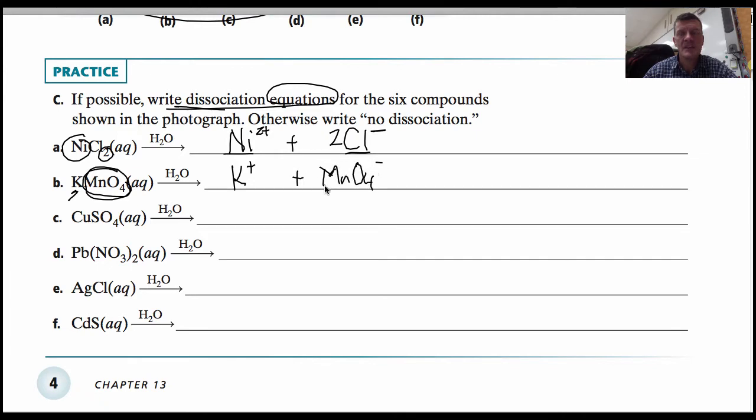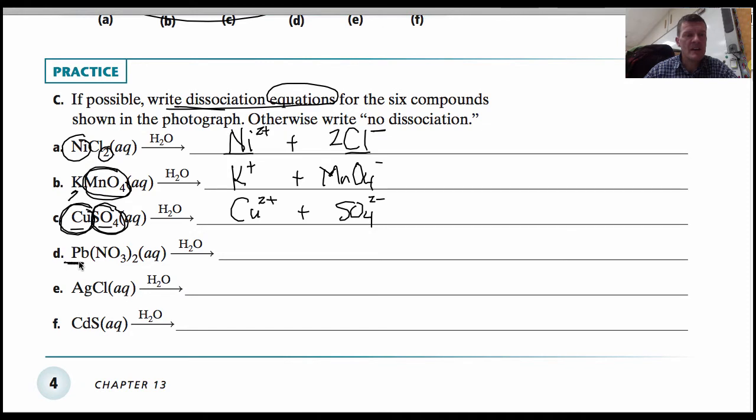The whole thing is a -1. Okay? This is copper sulfate. If you look at this polyatomic ion, sulfate is always a -2. You can look at the chart for that. Copper, therefore, must be a positive 2 because there's just one copper for every one sulfate. And that's how that would dissociate.